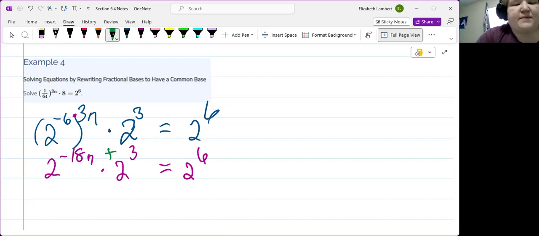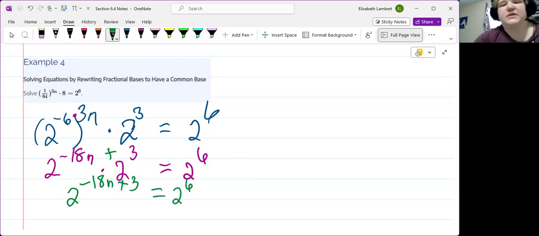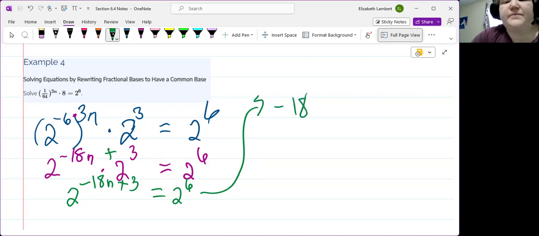So this is the same as 2 to the negative 18n plus 3. And we still have 2 to the 6th. So I'm just going to bring that up here. And now we're just going to solve this.